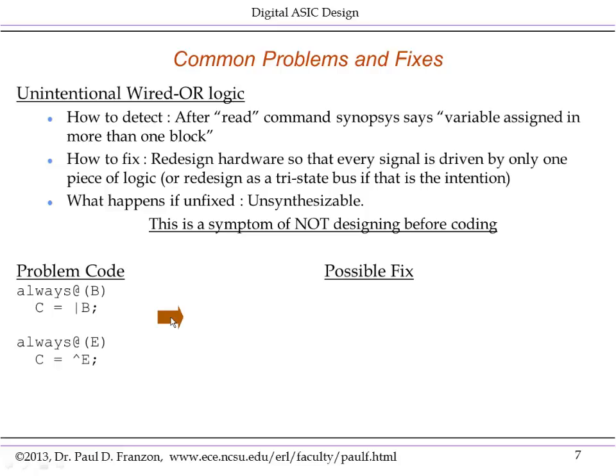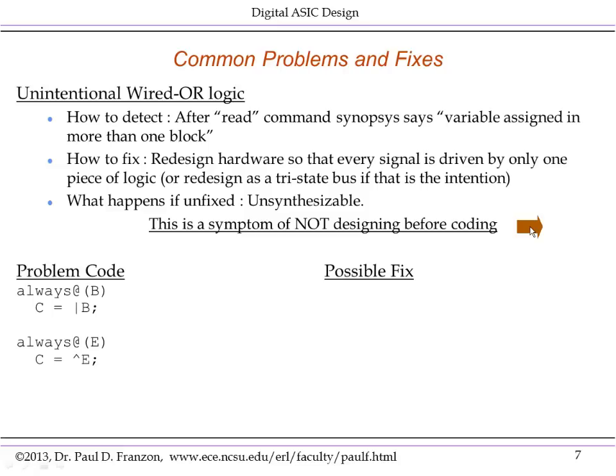So the way to fix this is to really tear up that part of the design, go back and actually design it, to work out what the logic blocks are, give unique names to the outputs of each logic block, and capture that in code.